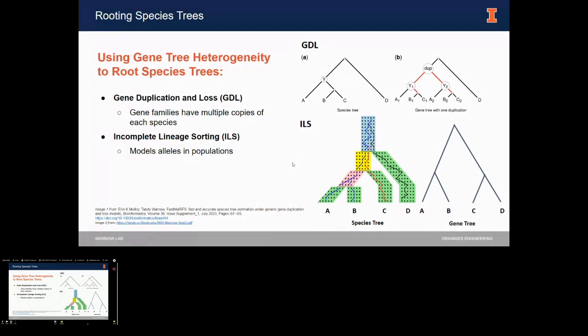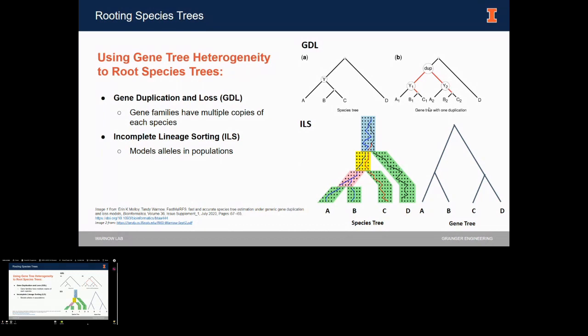There are a variety of reasons for this. One reason would be gene duplication and loss. For instance, if a gene is duplicated, now there are two in the genome, and you could have a situation like this where we have a species tree of A, B, C, and D. Then there's a duplication event, and now we have a tree with two A's, two B's, and two C's. And these two subtrees might evolve independently of each other.